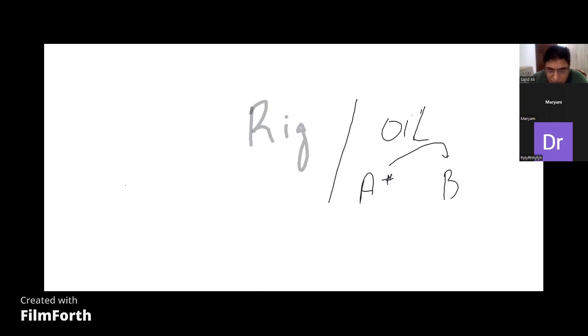So its oxidation state has increased by 1, from 0 to +1. And B, after gaining an electron, has gained a -1 charge. So A is losing electron, it is being oxidized, and B is gaining electron, B is being reduced. A has undergone oxidation and B has undergone reduction.